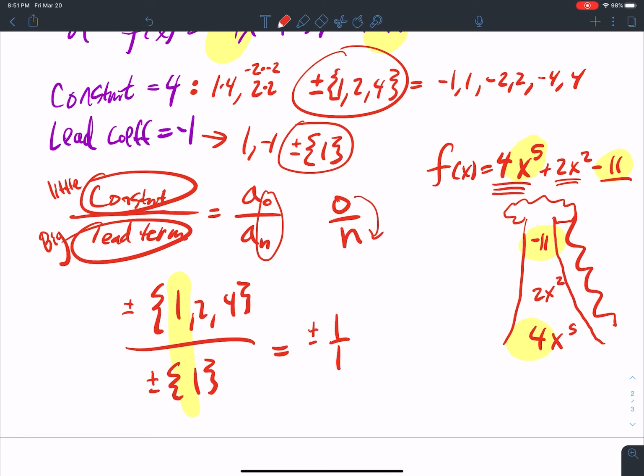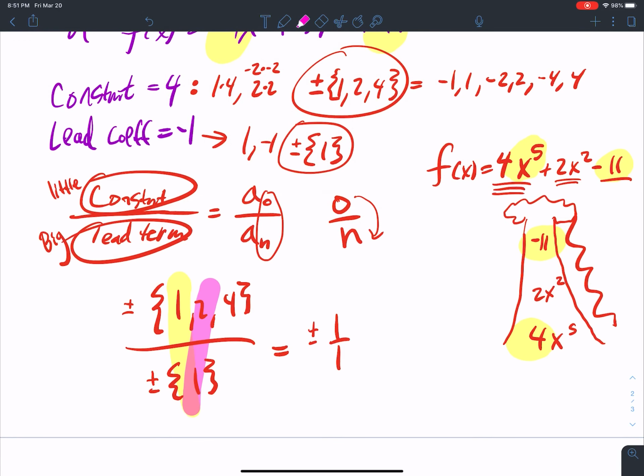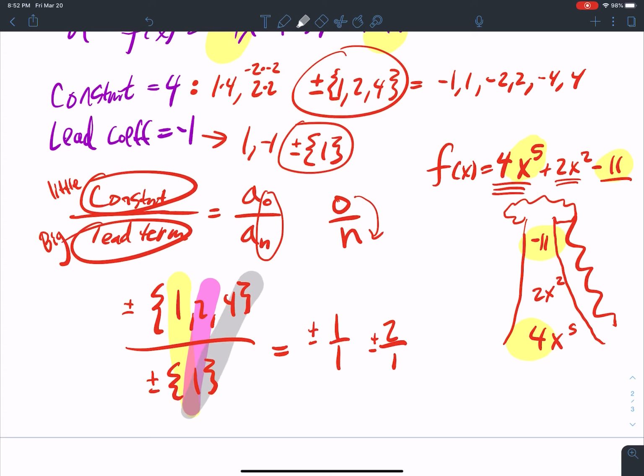And then I have a 2 paired with the 1. So that's 2 over 1, plus or minus. And then I have a 4 paired with a 1. So that's 4 over 1, plus or minus. Now those over 1s, those all reduce. And so I just get plus or minus, and what do I have inside my parentheses? 1, 2, and 4. Okay, and close my parentheses.